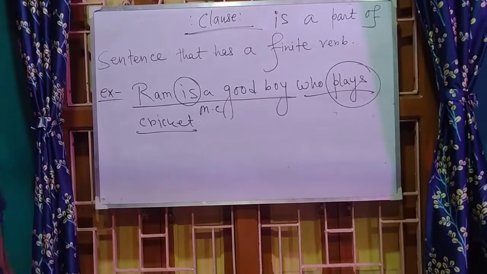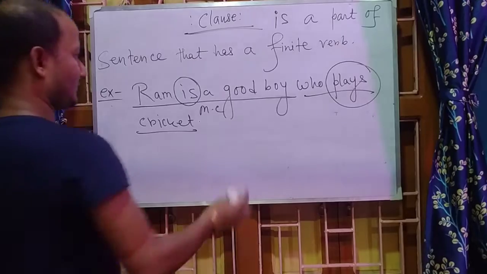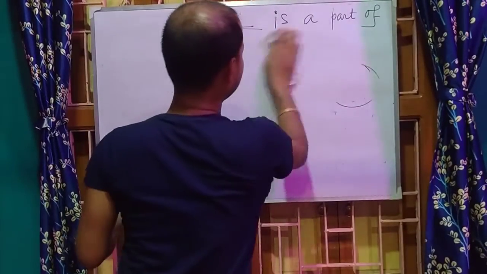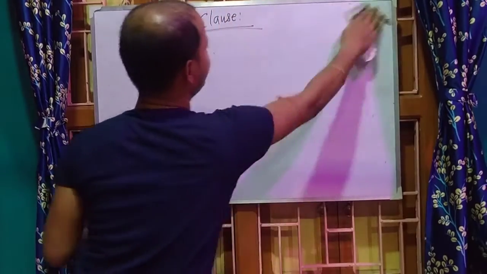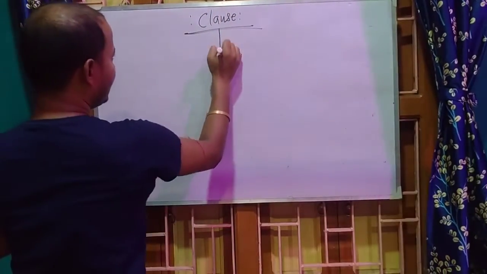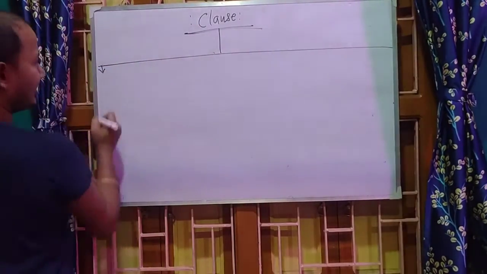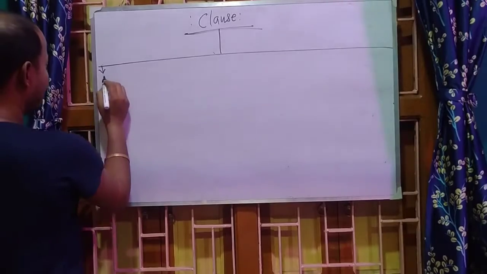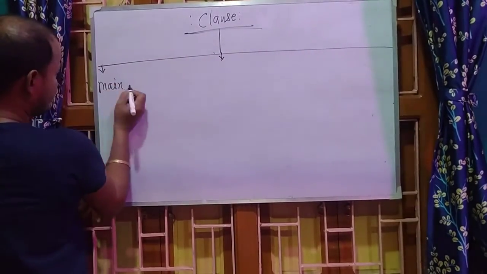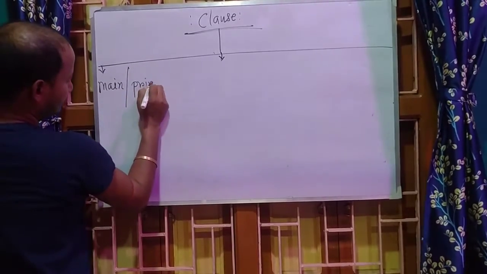Now I am going to show you the classification of clauses. So how many clauses are there? Dear students, you look at the board. There are mainly three types of clauses. That is the main clause or principal clause.